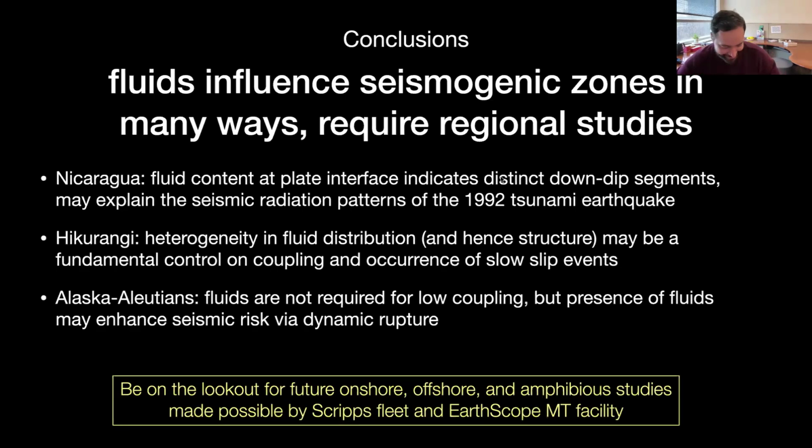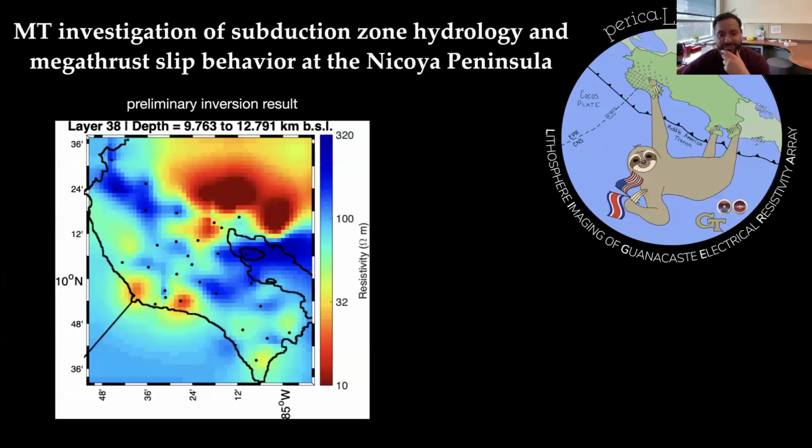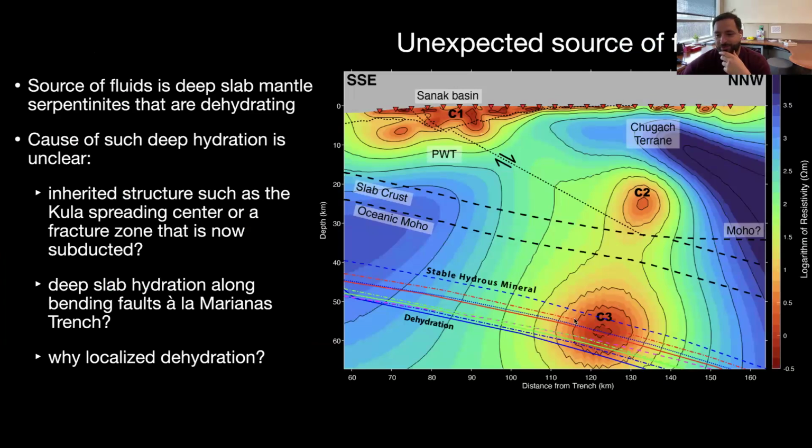So maybe I shouldn't say all this here, but the one thing that got me super excited when we first saw this inversion result is that it seemed to match up with where there were some earthquakes from the GCMT catalog, from the global catalog, in terms of the beach balls, right? And they all seem to cluster here, but then I later learned that those depths are not necessarily reliable. And so this is something I think we need to look into.